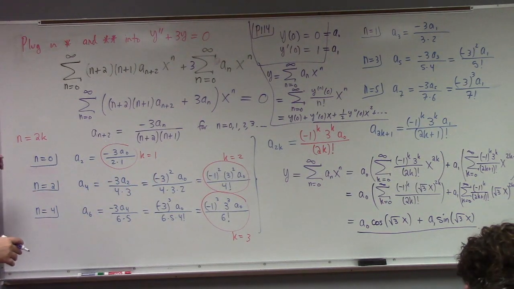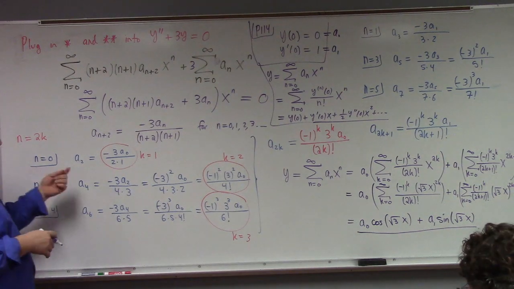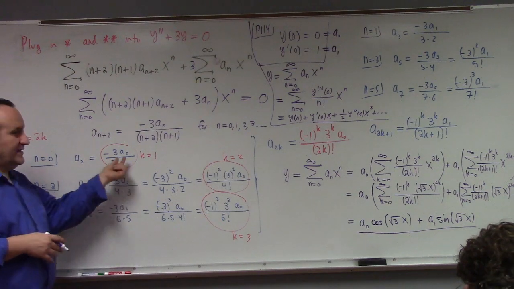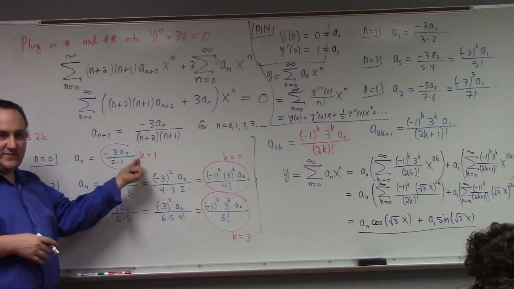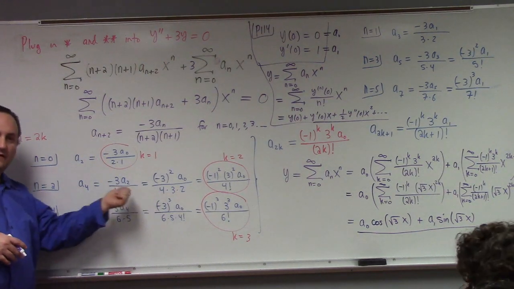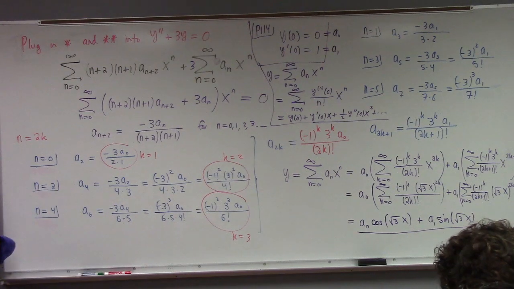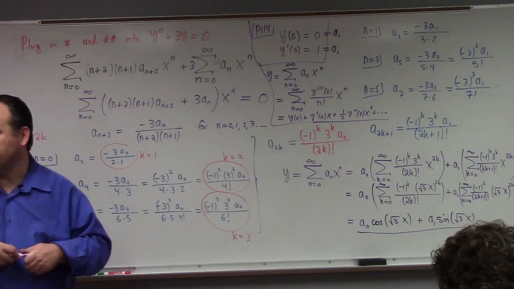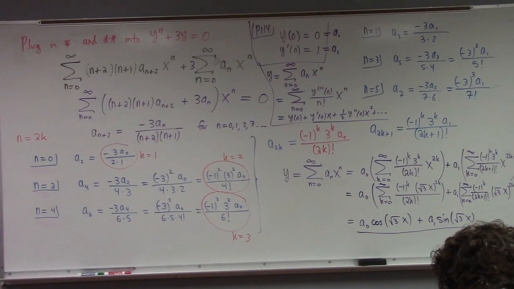Clearly the even terms are linked to a sub 0, so the fact that a sub 0 is 0 makes a sub 2 equal to 0, which makes a sub 4 equal to 0, and so on down the chain. All of the even terms die, and every place I've written a sub 1 becomes 1. It's really the same calculation; it depends on which way you want to go. So you could use that to do your problem 114.